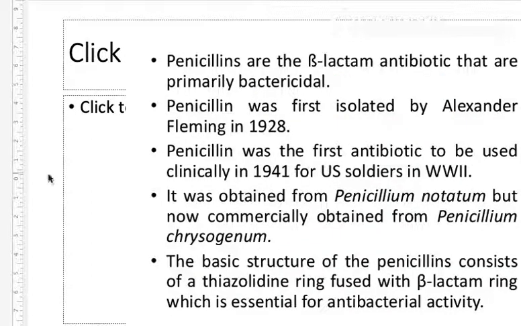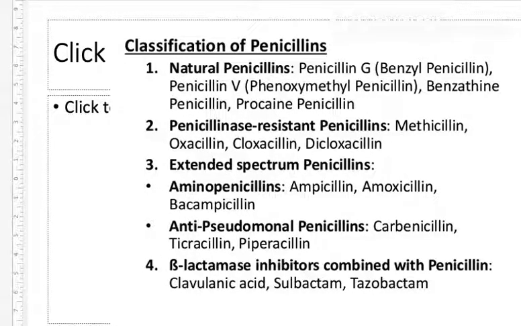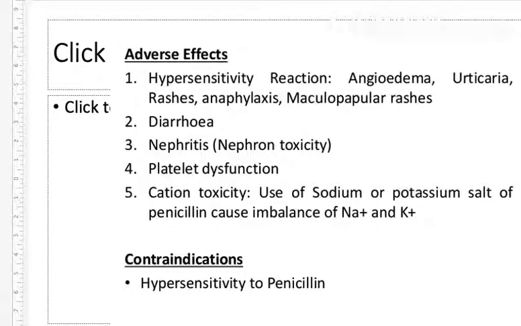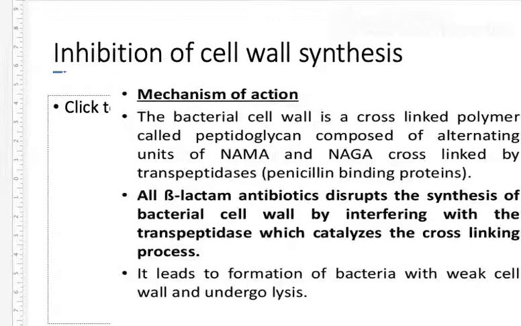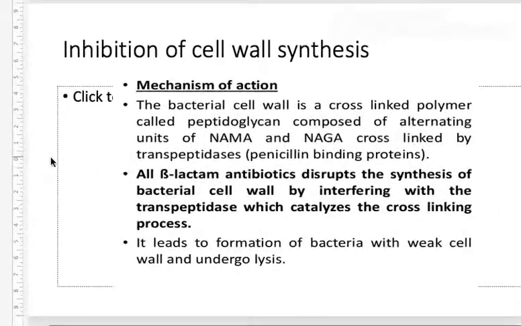And we have covered about penicillin as it is one of the first antibiotic to be discovered. We had also studied about the uses of penicillin. And we are going to cover the mechanism of penicillin.